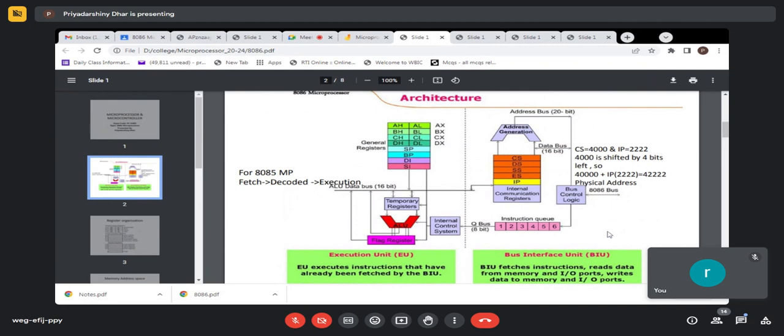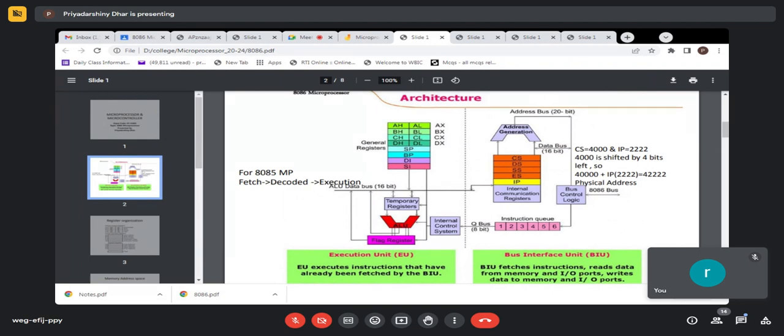One instruction is fetched from the memory location, the microprocessor reads, decodes and executes this instruction, and then receives another opcode from the memory.